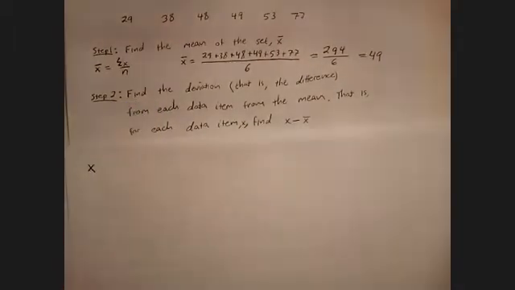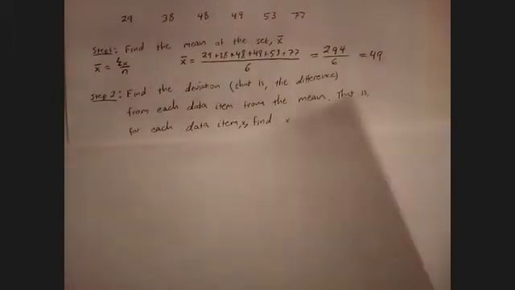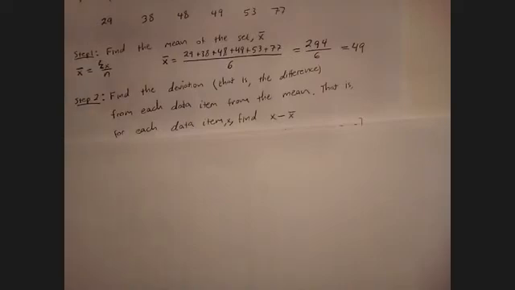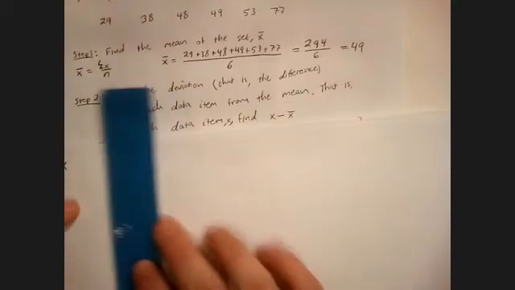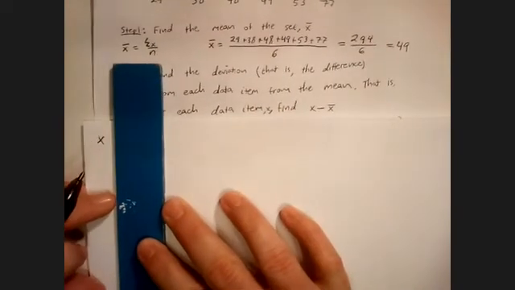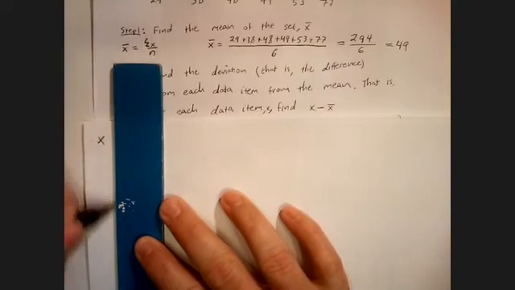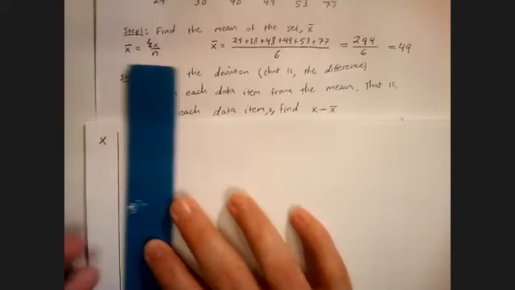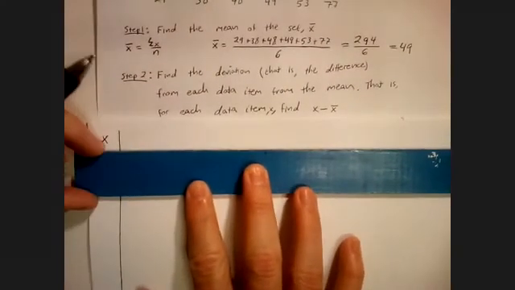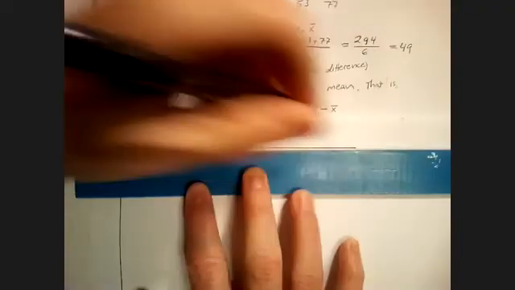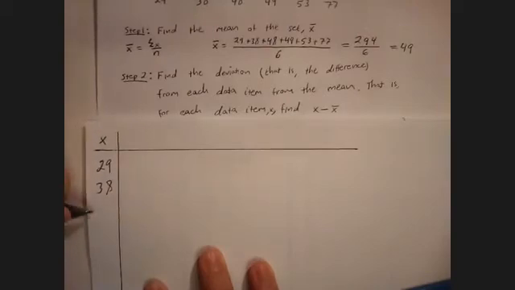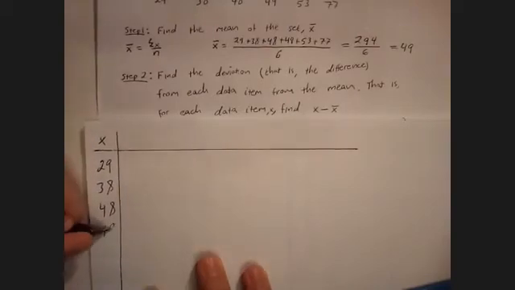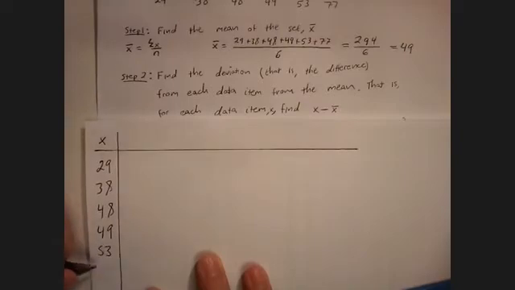In fact, I'm going to change. I want to go sideways. I might decide I want more space. So you'll probably be fine if you don't do this sideways, but if I elaborate on any of these, I want to be able to do that. Okay. So my first little column here is x. This will be each of my entries, each of my data items, 29, 38, 48, 49, 53, and 77.